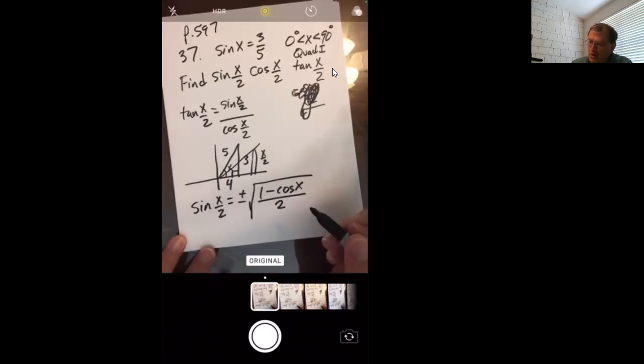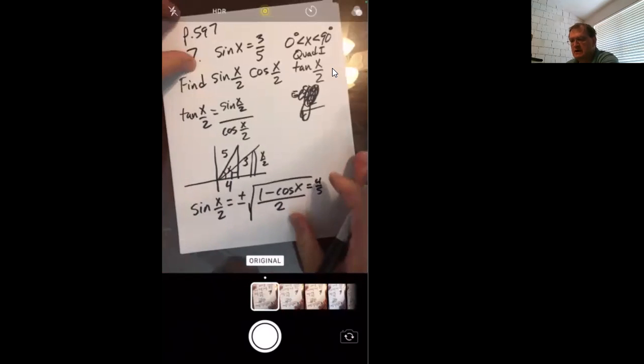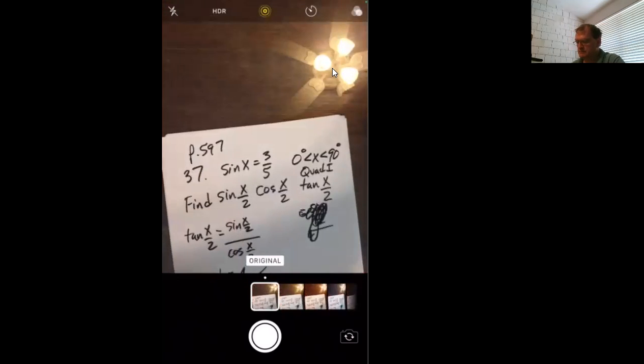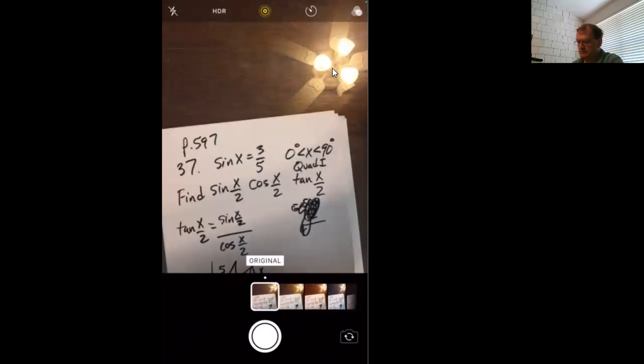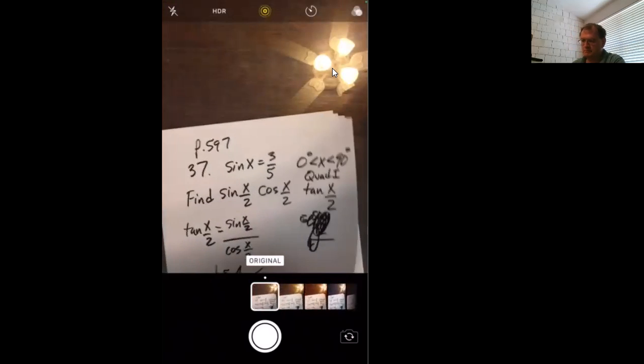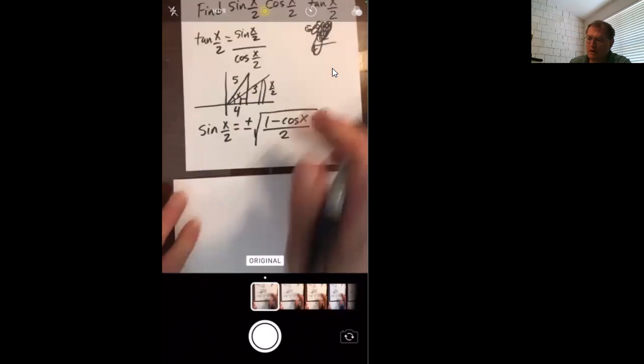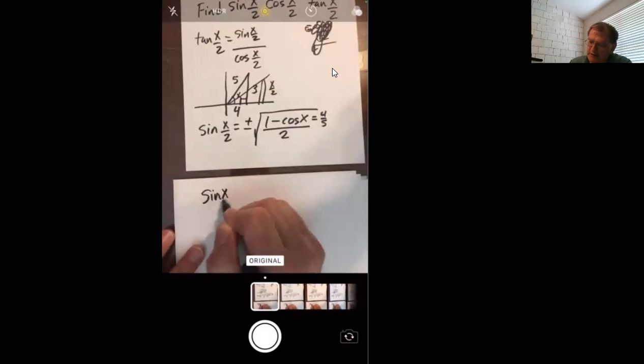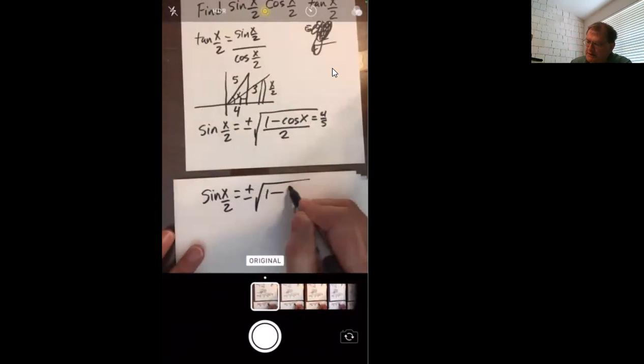Okay, well, cosine of x is 4/5. So your sine of x over 2 is then plus or minus big square root 1 minus 4/5 all over 2.